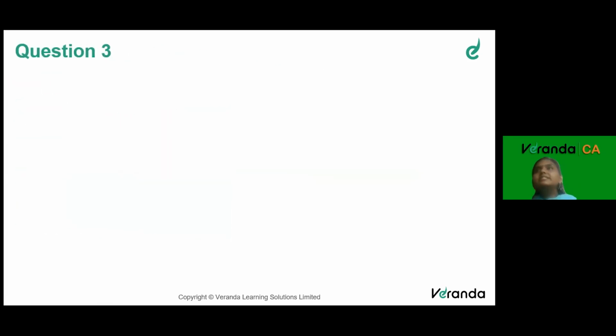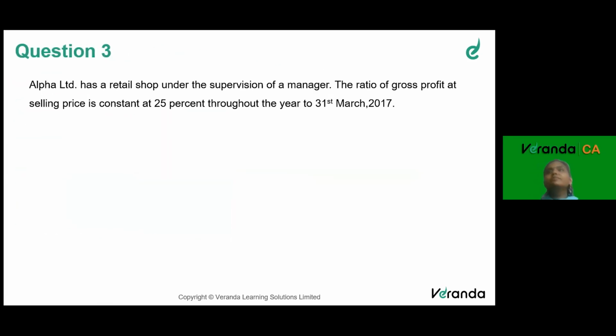Okay. So the third question is a cost plus profit method of selling, the stock and debtors method, right? Here the head office wants to sell the goods to the branch at a profit, with the profit element itself. They don't want the branch to know how much profit the head office is actually making.